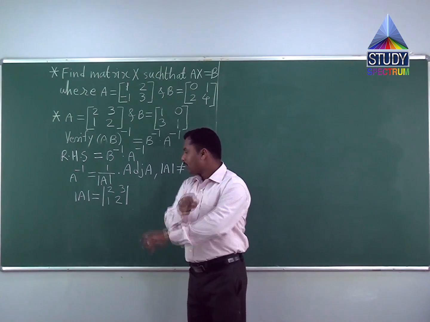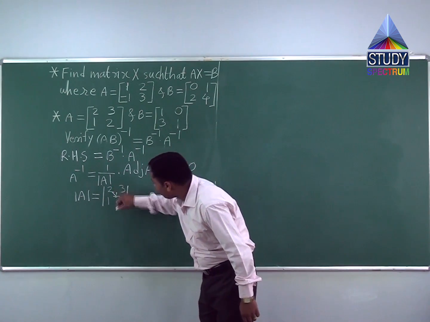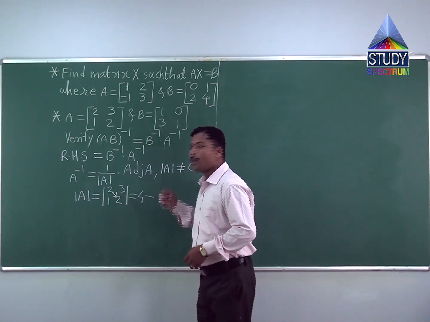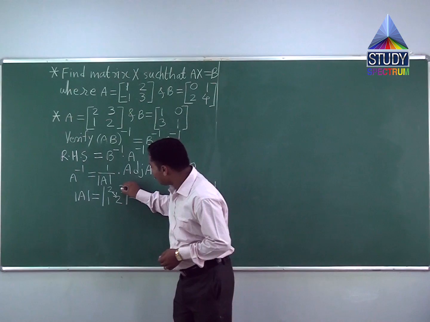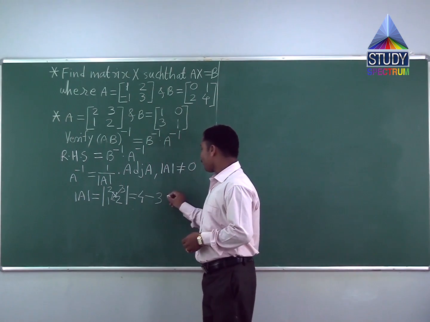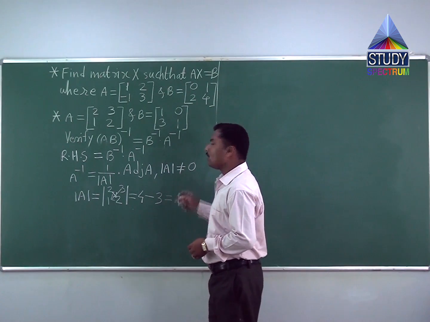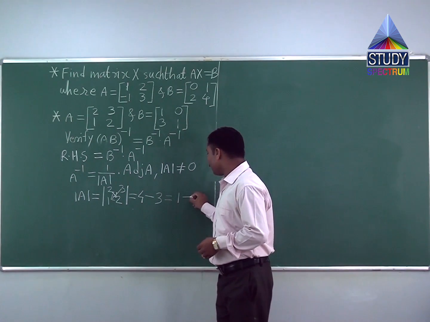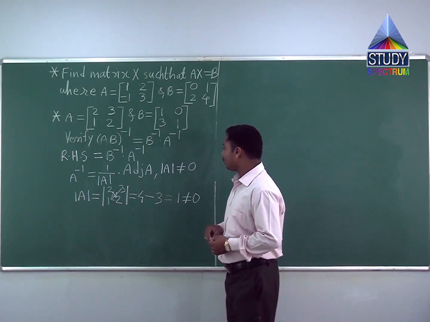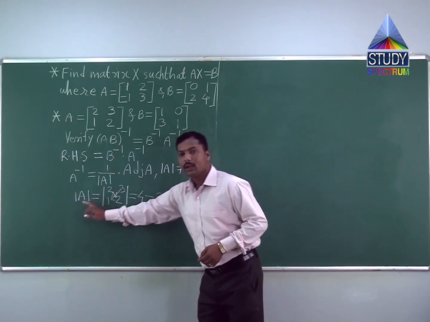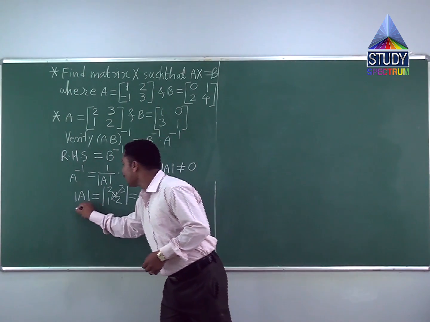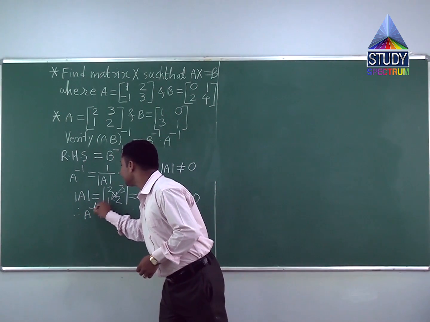So only take the cross multiplication: 2 into 2 is 4, minus 3 into 1, that is 4 minus 3, which is 1. It is not equal to 0, and therefore determinant A is not equal to 0, and therefore A inverse exists.